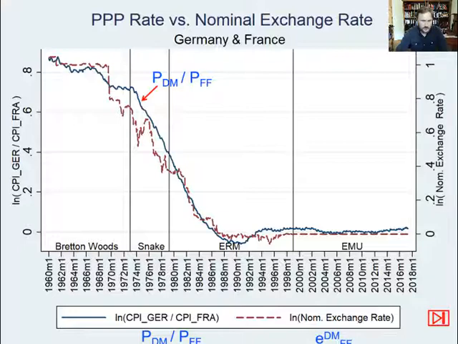But we also observe significant deviations, for example here, of both exchange rates, which indicate that transaction costs prevented a closer convergence of the nominal exchange rate and the purchasing power parity exchange rate.